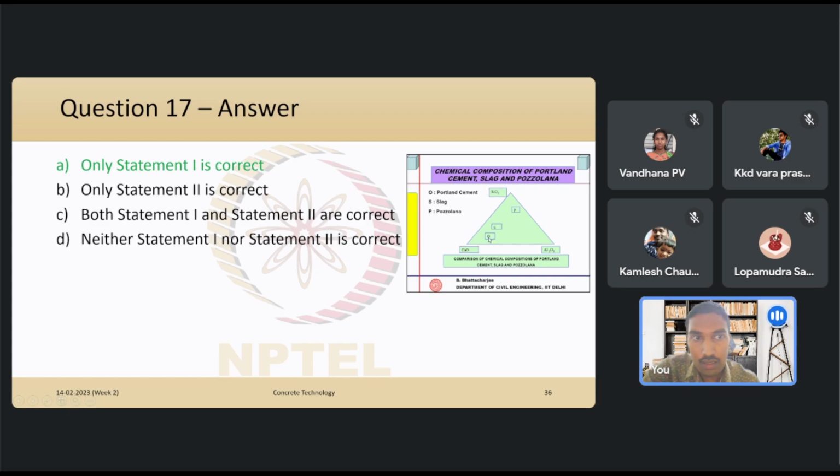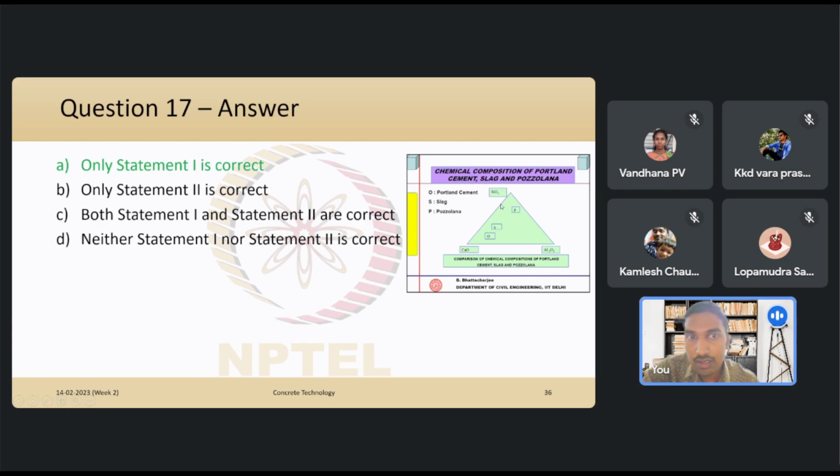If you look at O, which represents Portland cement, it is lying here, closer to this vertex, which means it has a high composition of CaO, whereas it is very far away from the SiO2 vertex and Al2O3 vertex. So it has comparatively lower SiO2 and lower Al2O3 in comparison to CaO.